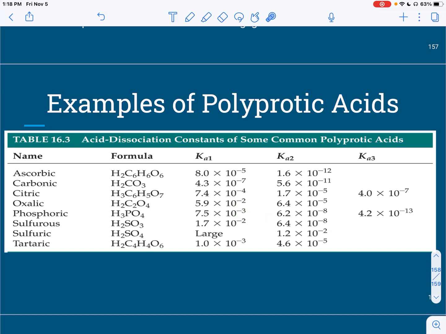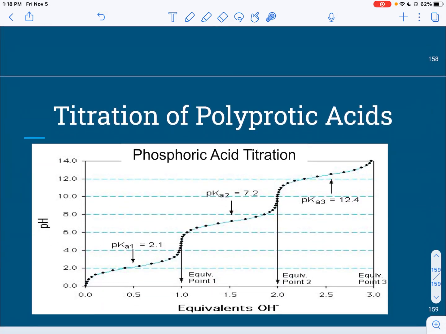It's not a strong acid, phosphoric, but that's pretty large Ka for a weak acid. And -8 for Ka2, and then -13 for Ka3. And then even sulfuric, which is a strong acid, you can see Ka1 they just wrote large, and then Ka2 is going to be a little bit smaller than that. So as you lose your protons, your Ka is going to get smaller.